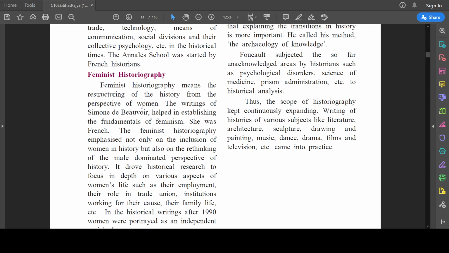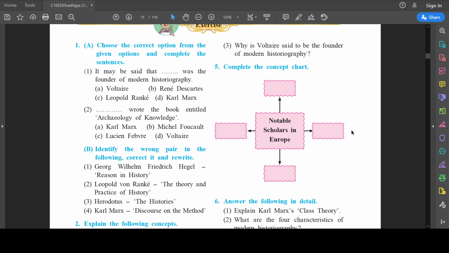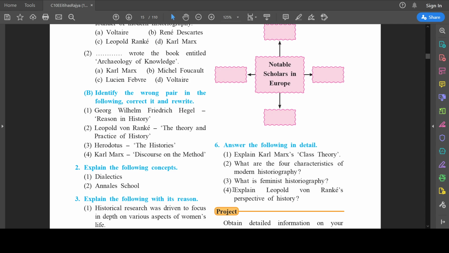So how many points are there? 1, then here's 2, then this was your third point, then this was the fourth point, and this was your fifth and the last point in historical writing. So 5 points. Answer 6.3 and 3.1. Now we'll go to question number 6.4. That is the last question of this lesson.